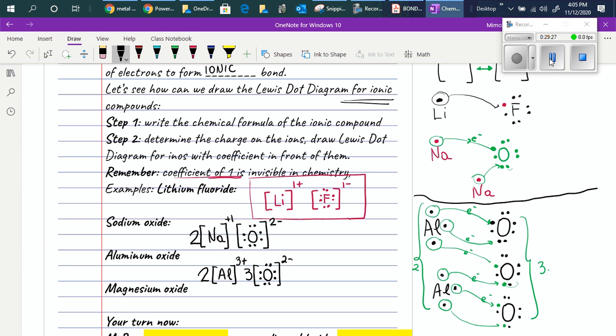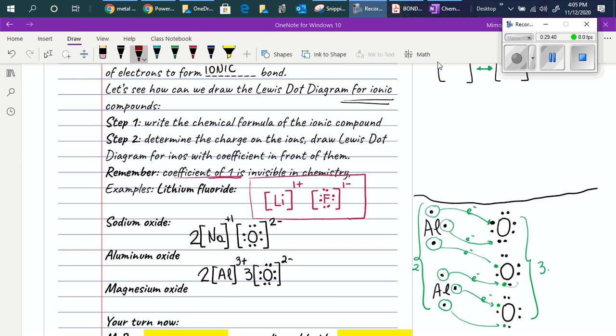Okay, so let's take a look now at magnesium oxide. So what do we have here for magnesium? I will erase this. So magnesium as an atom has 2 electrons in the outer shell, so 1 and 2. And oxygen as an atom will have 6, 1, 2, 3, 4, 5, and 6.